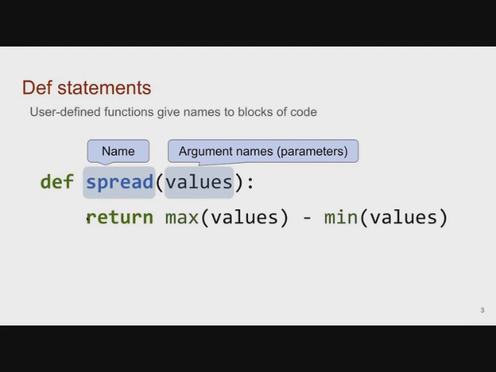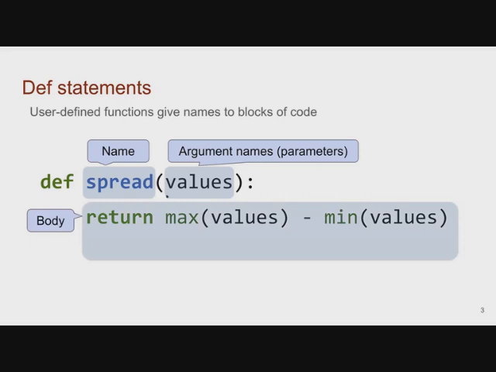But if we had multiple lines in this function, they would all need to be indented to the same width. Okay, and then if you want to get a value back out of the function, you pass that with the return statement here. Those are the bodies.